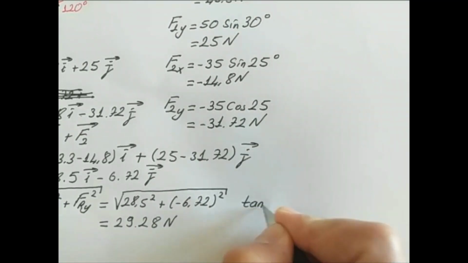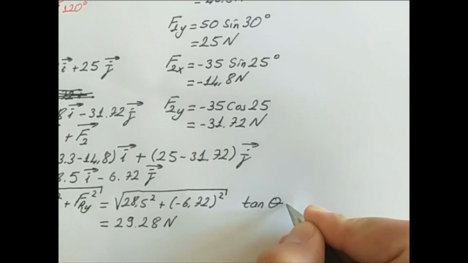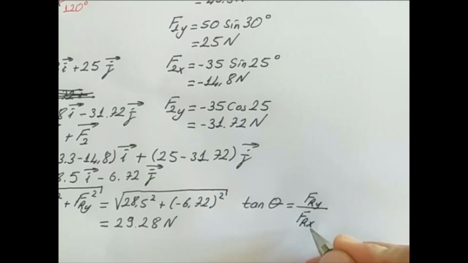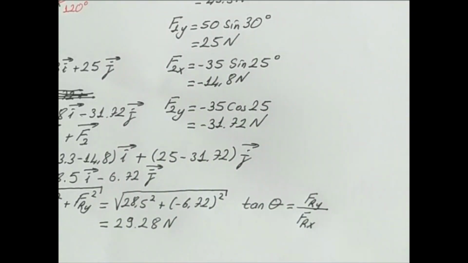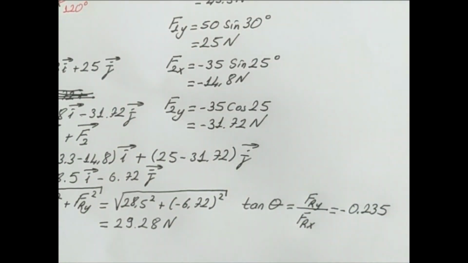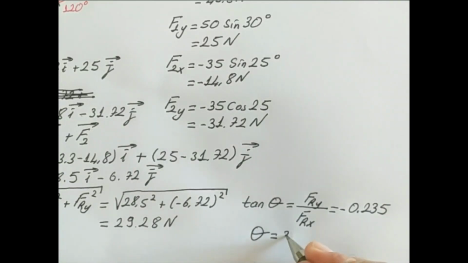So this is FRy divided by FRx. So this value is minus 0.235. And from here, we can easily calculate the theta. Theta is equal to 346.77 degrees.